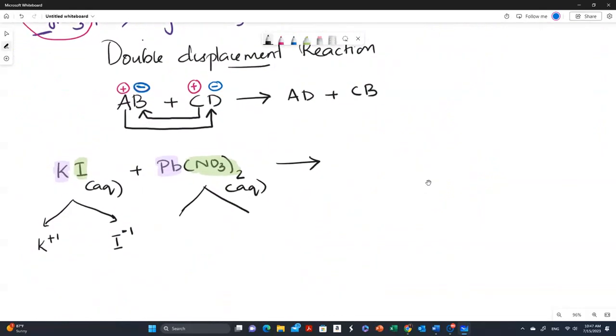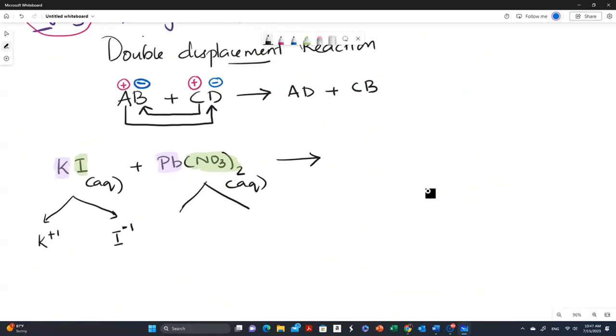So we don't know the charge of the lead metal, but we have Pb(NO3)2. So what we can do easily, following the exact same thing I told you in the previous video, take this 2 and crisscross it and put that charge on top of Pb. So I'm going to put Pb +2.